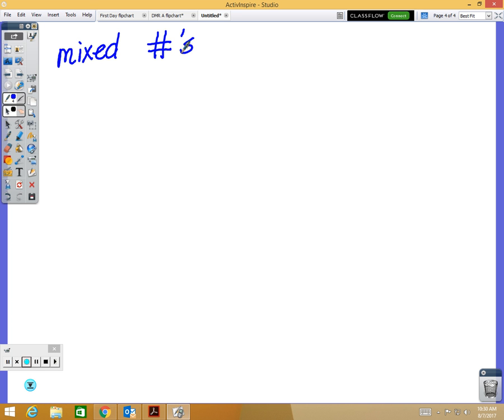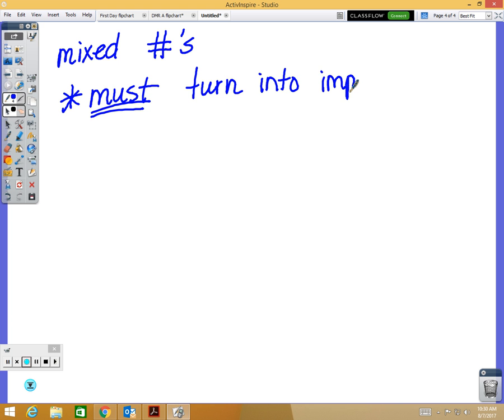When you are multiplying and dividing, you don't have an option. You have to turn them into improper fractions. You must. You have to.